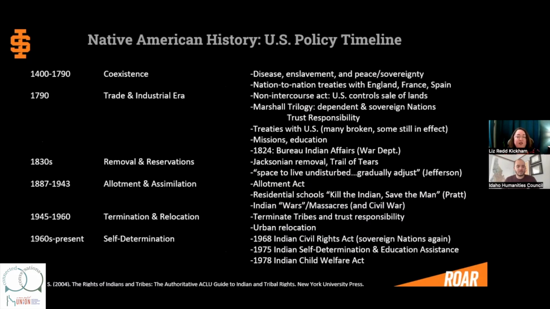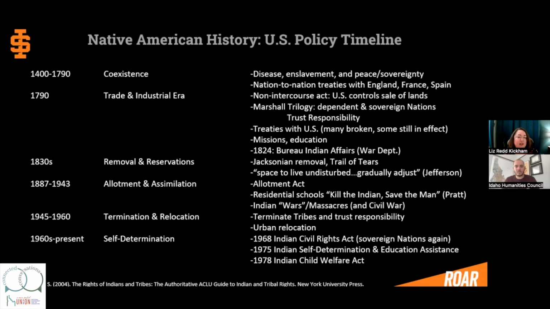So then if we also look at the history of US policy, there's another timeline here taken in part from Pavar, 2004, that shows some general trends. Pavar divides up the history of US policy toward Native peoples into these eras. And this first era, it calls coexistence, right? So there was some slavery immediately at first contact.